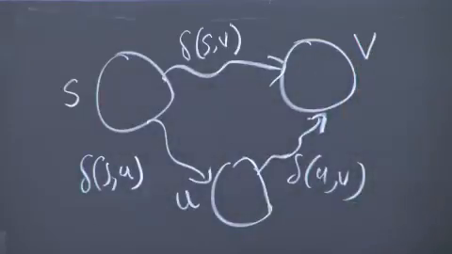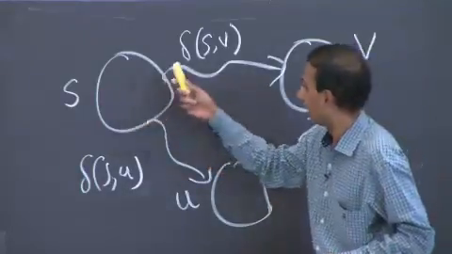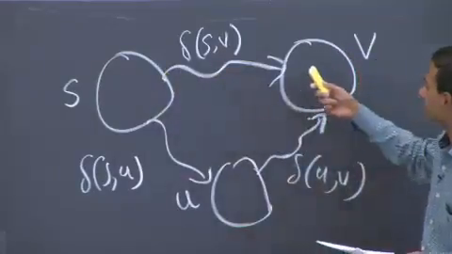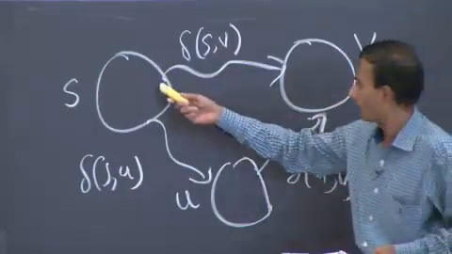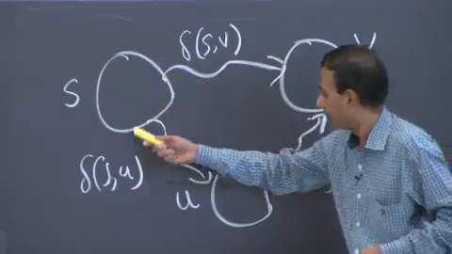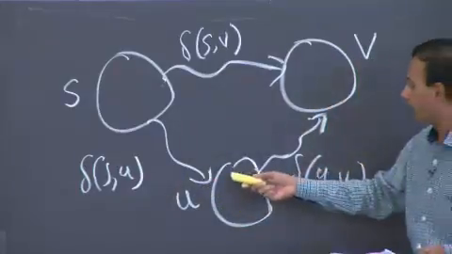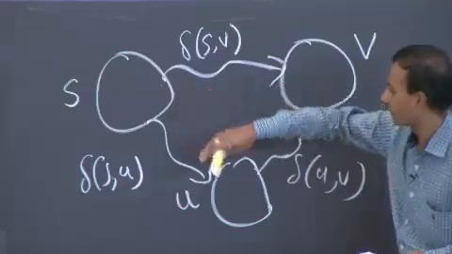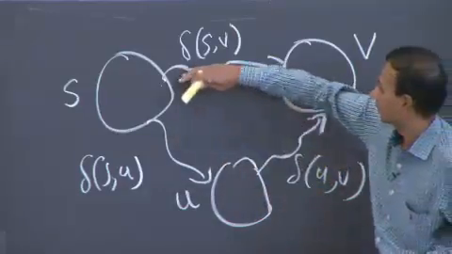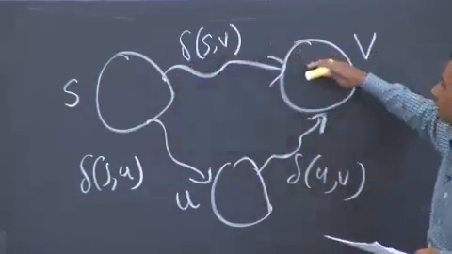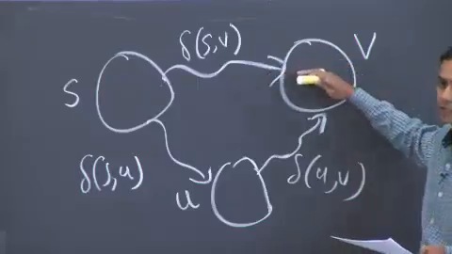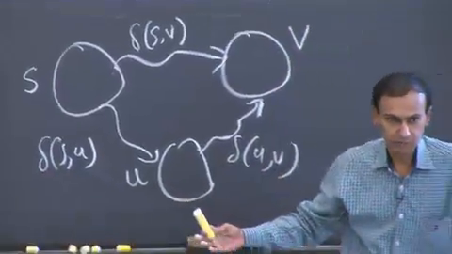And in particular, if there's a way of getting from S to U and U to V that happens to be shorter than the best way of getting from S to V, well, that's a contradiction, okay?